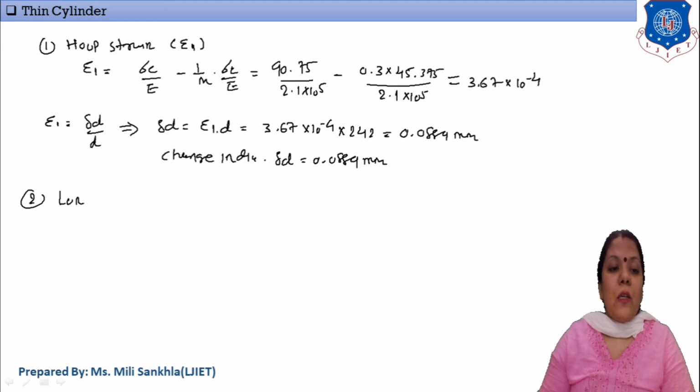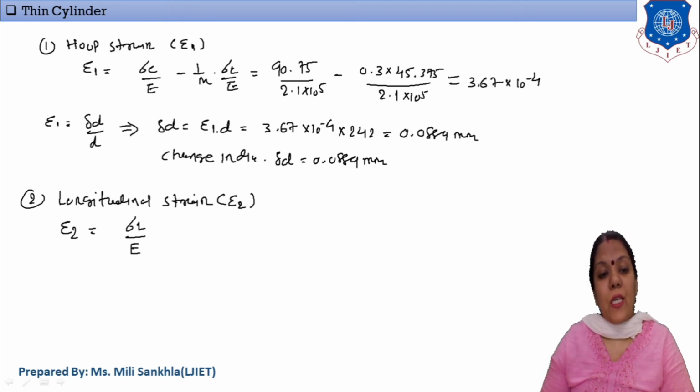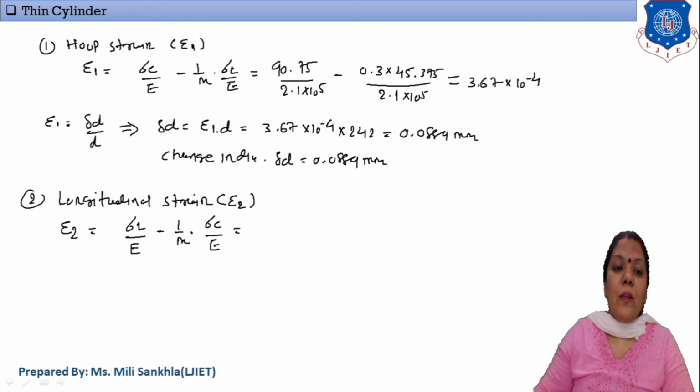Now second, we find out longitudinal strain, and the notation of this longitudinal strain is epsilon 2. Write down, epsilon 2 is equal to sigma L by E minus Poisson's ratio times sigma C by E. Now put the values one by one.